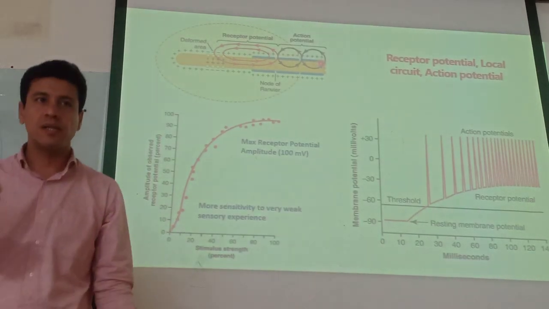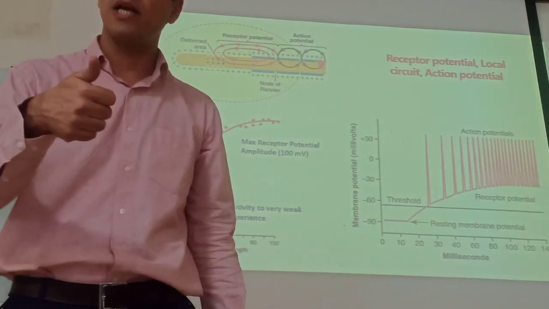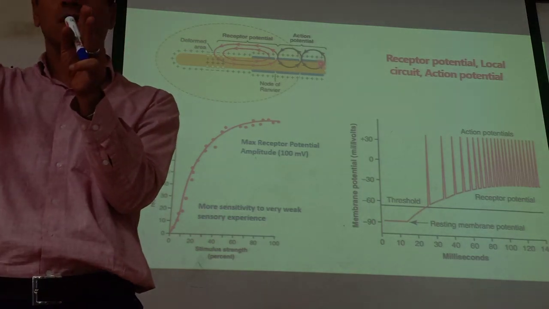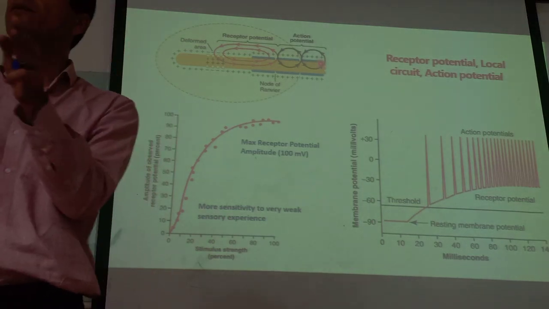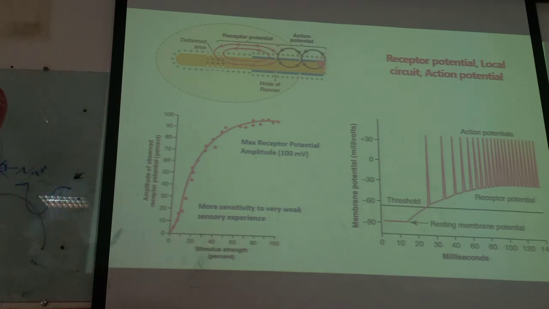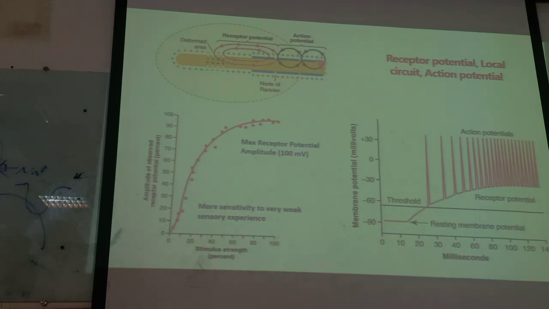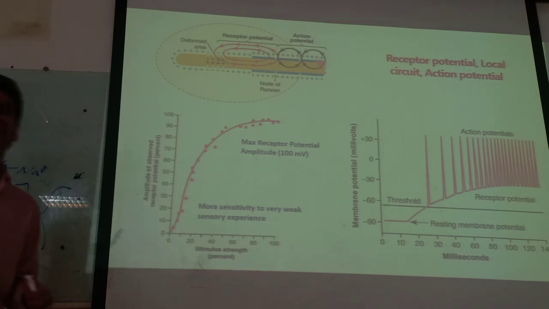With stronger stimulation, we will have larger receptor potential. Larger receptor potential generates higher frequency of action potential. If you get this, for sure, you will have maybe 2 or 3 scores in your final exam.